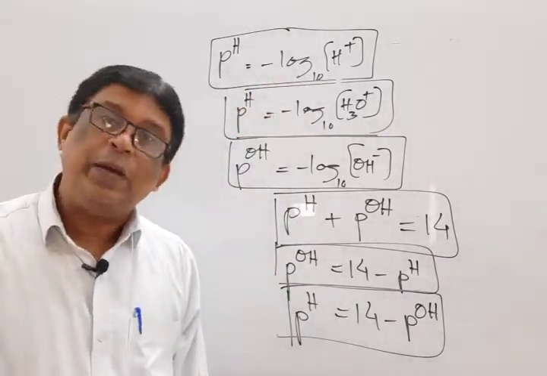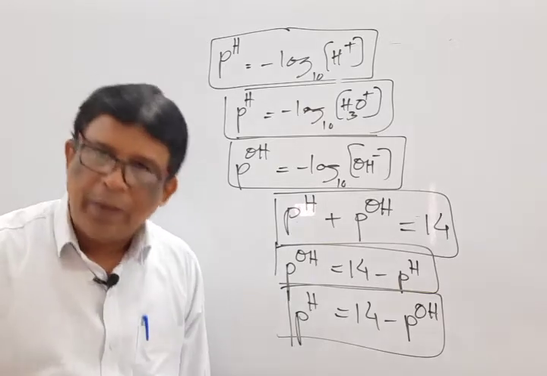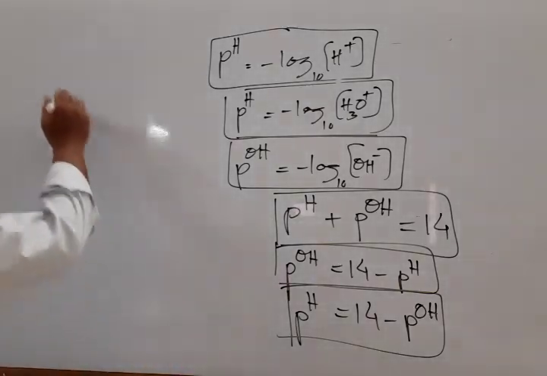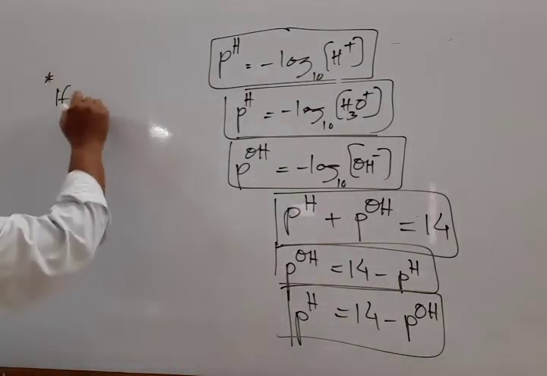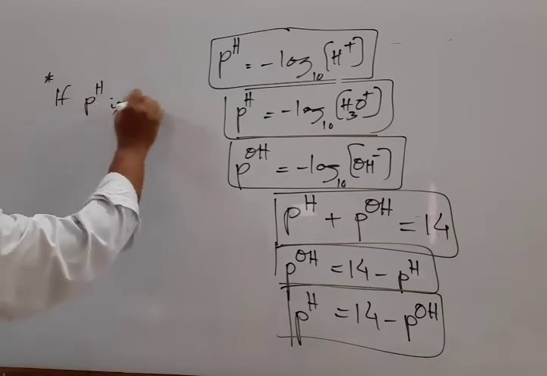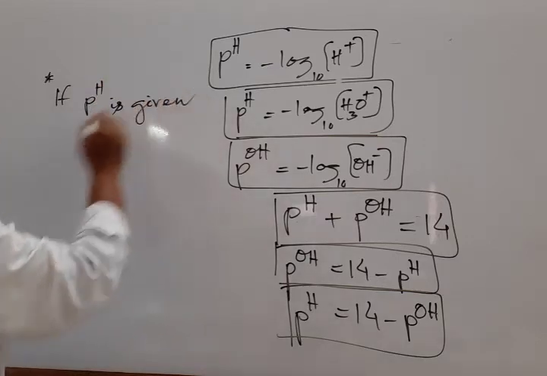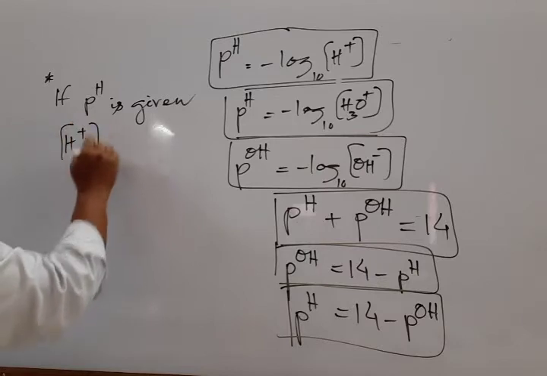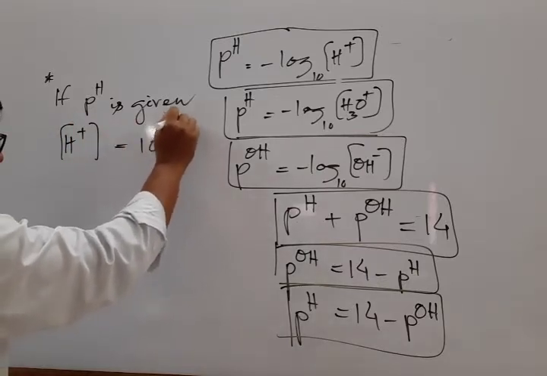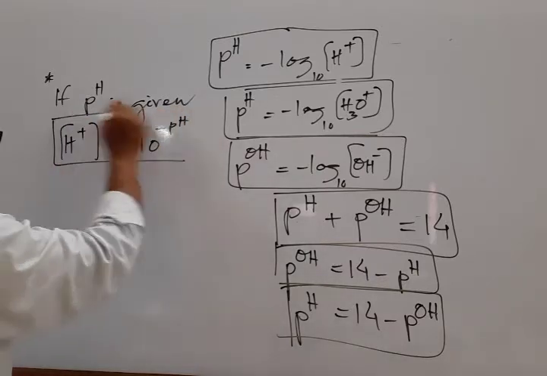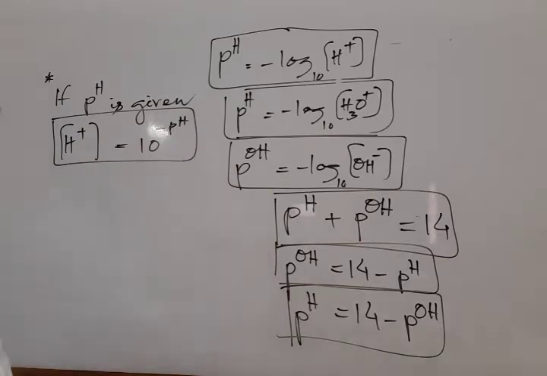On the other hand, if pH is given, mark that, then H plus ion concentration is equal to 10 to the power minus pH. These are some relationships.